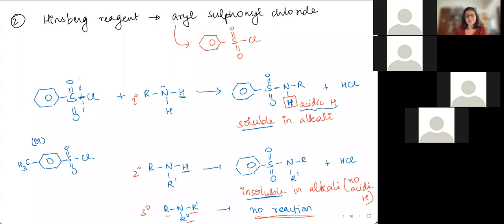It doesn't make a difference because the reactive site is essentially the same. You have an aryl group, you have this bond. And the reason we go with an aryl group, a sulfonyl group, is that we want to produce this acidic hydrogen, which will not be there in the case of a secondary amine. That is the main point of the test. Okay, so that is it.